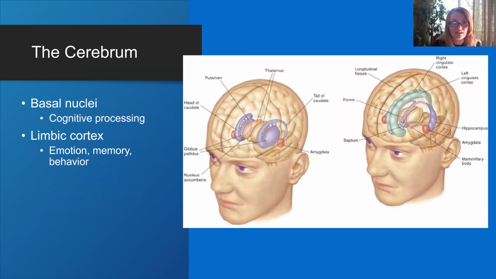Now, underneath the cerebral cortex, we have basal nuclei. Basal nuclei are gray matter, and gray matter is mostly cell bodies and dendrites of neurons. So that collection of cell bodies and dendrites underneath the cerebral cortex is called basal nuclei.